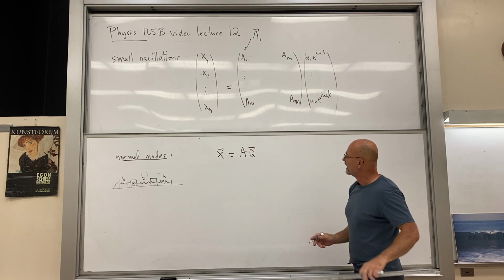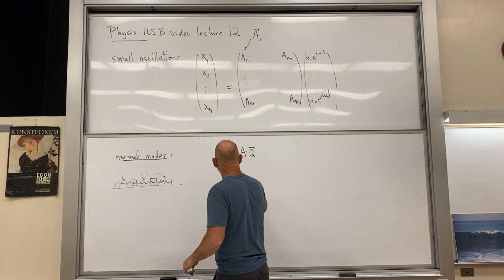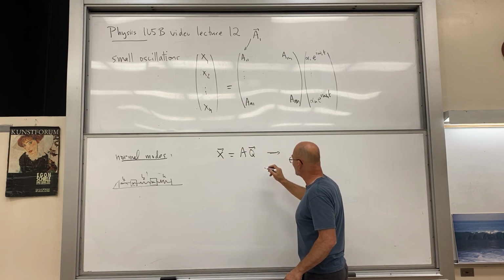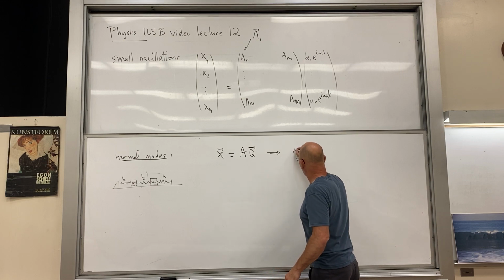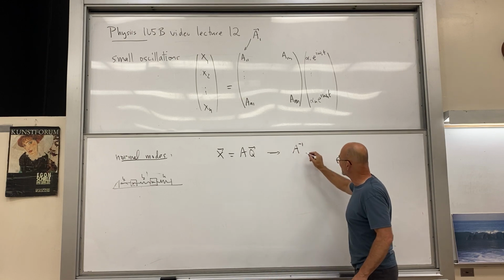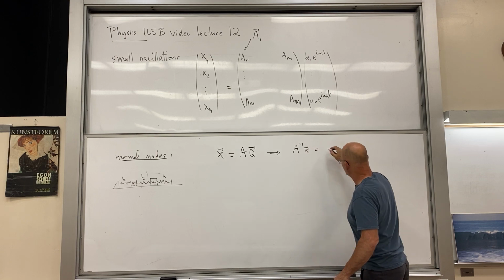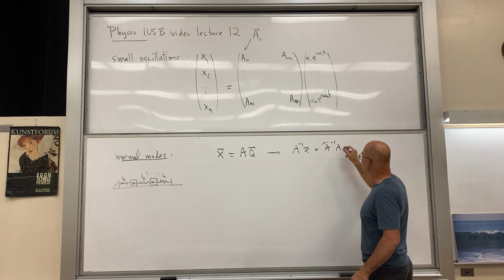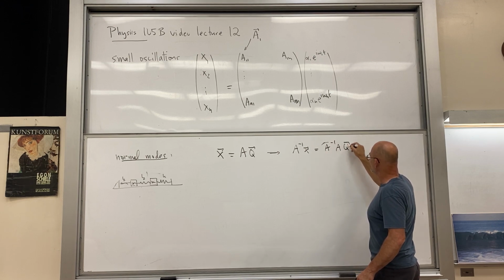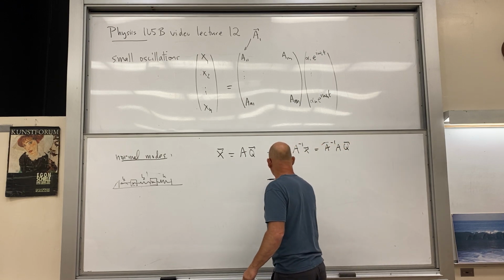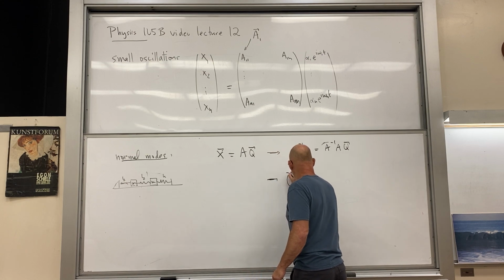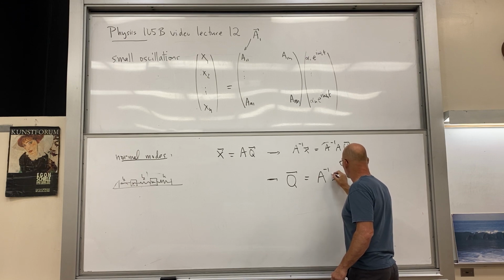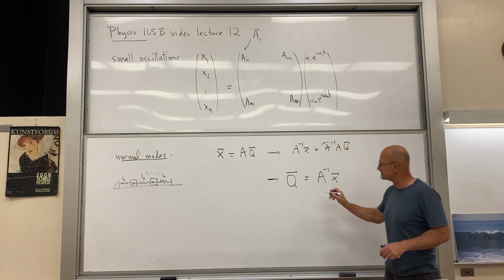Time dependent. So what we can do is isolate these by multiplying both sides by A inverse. So we have an inverse matrix times X would be equal to A inverse, no vector there, A inverse A times Q, which is to say this Q is this inverse matrix applied to the original coordinates.